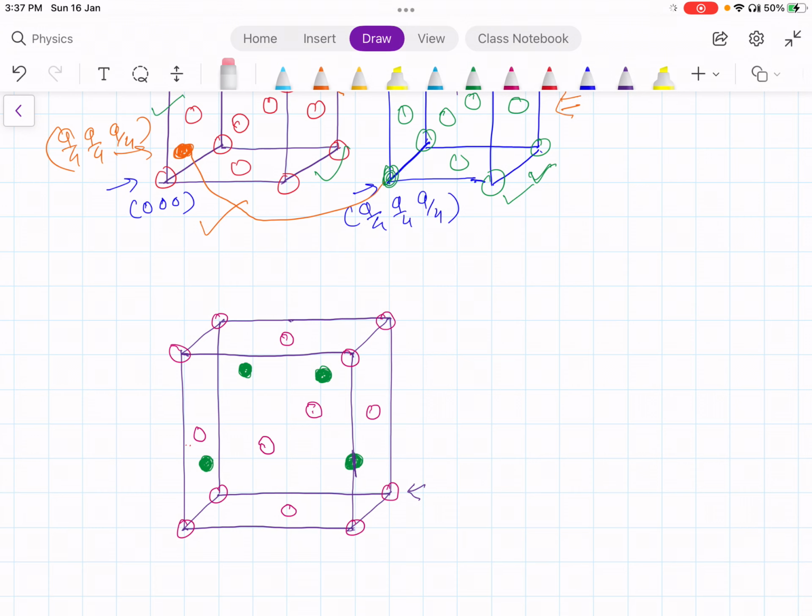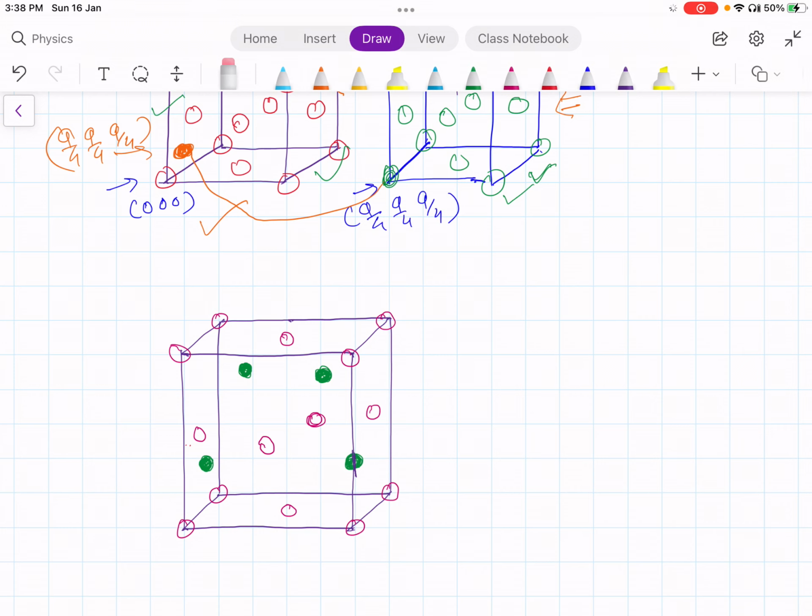I will slightly modify the position of this. Not exactly looks like. Let us put that over here. So these are the atoms in diamond.